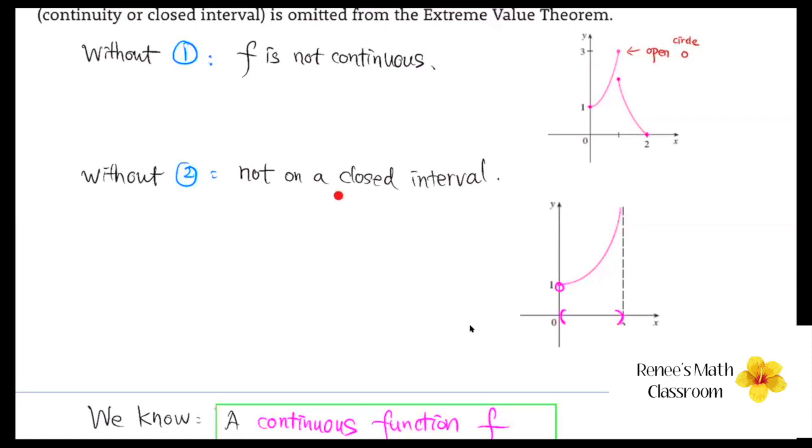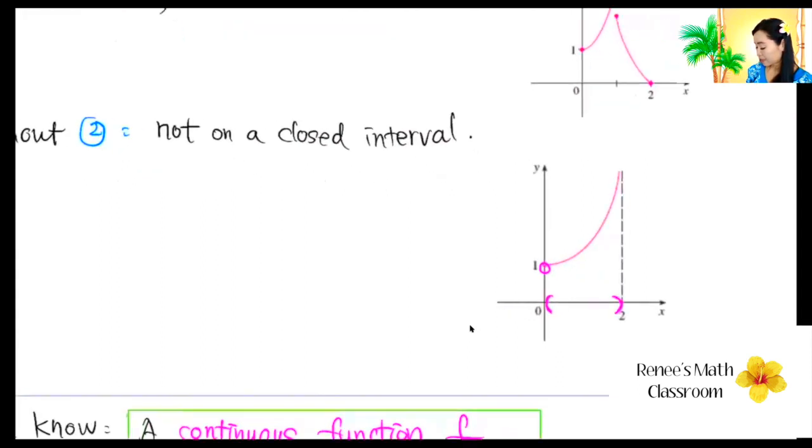So instead of a closed interval, we have an open interval 0 to 2, like this. And this one here is an open gap. Now, this function has no absolute minimum. The function value can get really, really close to 1, but never reach 1 over here. So this one has no absolute minimum.